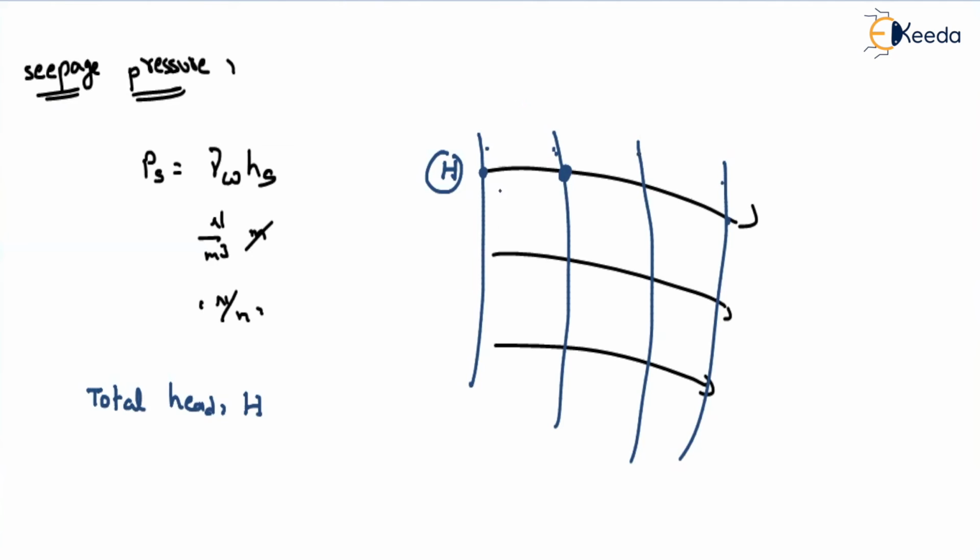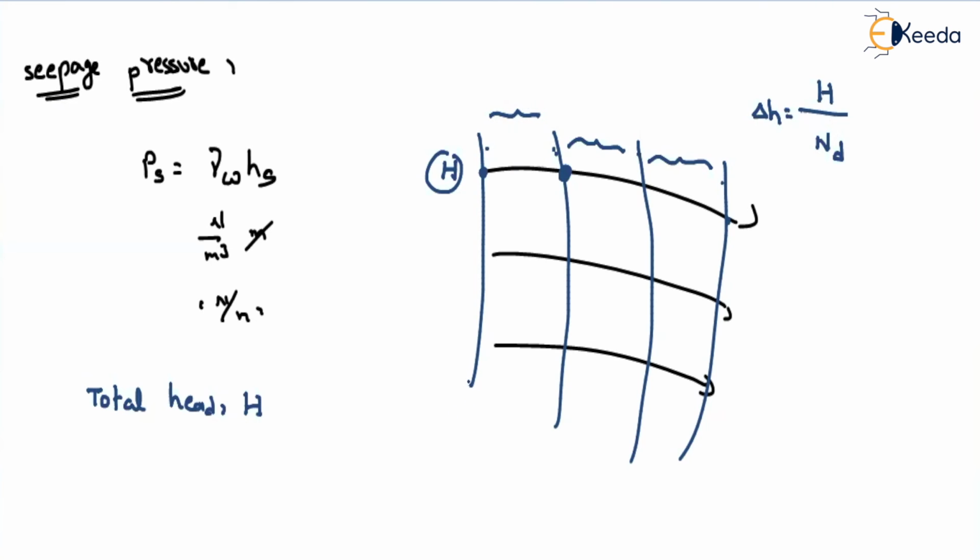So how can I find out the drop? That means from here to here, how many drops are there? Here to here, how many drops? So how can I find out? That is nothing but the total head loss H divided by the number of potential drops. This is nothing but your delta H. This is the loss of head between any two potential lines.